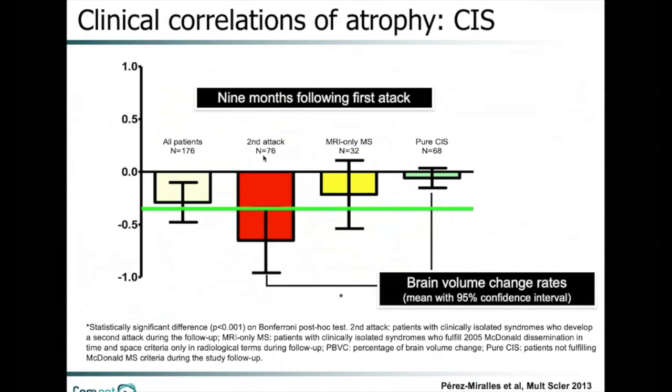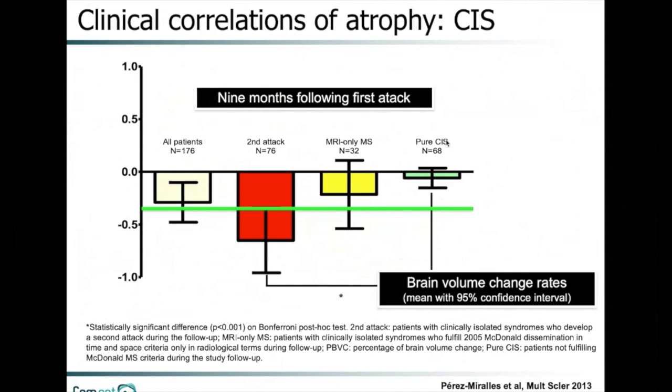And then you can see in red, yellow, and green this same group divided in patients developing a second attack over 4 years of follow-up, patients developing MS, but only because of the appearance of new lesions, and in green, patients who didn't develop a second attack nor any new lesion. And you can see that already from the development of atrophy in the first 9 months, you could predict what was going to happen clinically over 4 years.